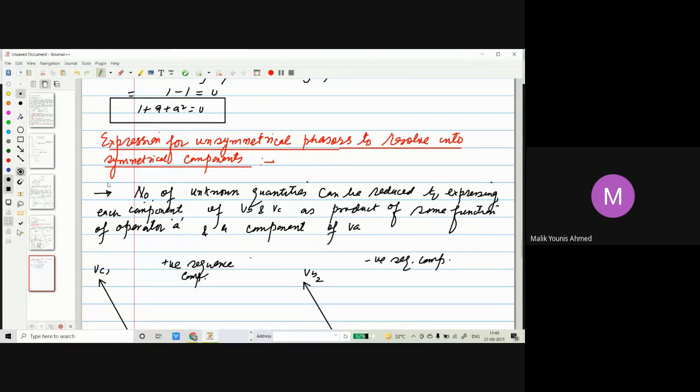Okay, Moomin, you can send me the log. Okay, sir.